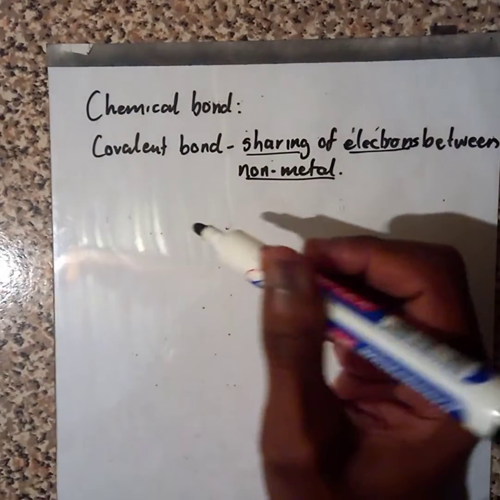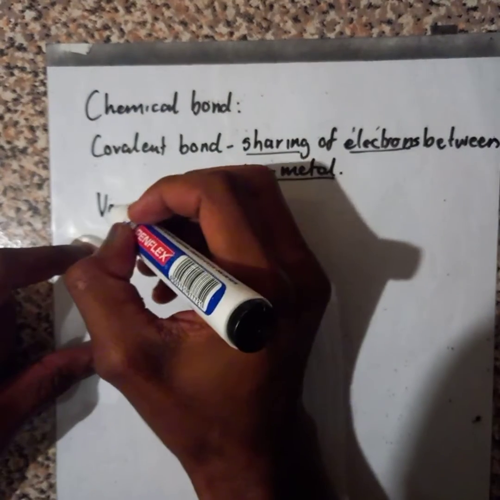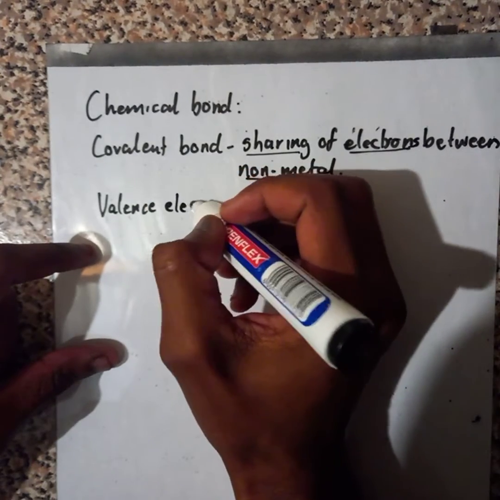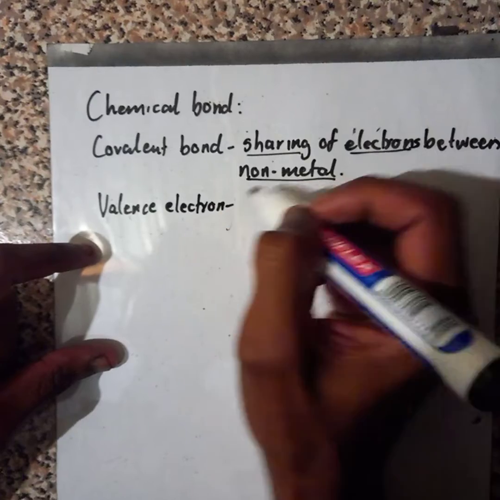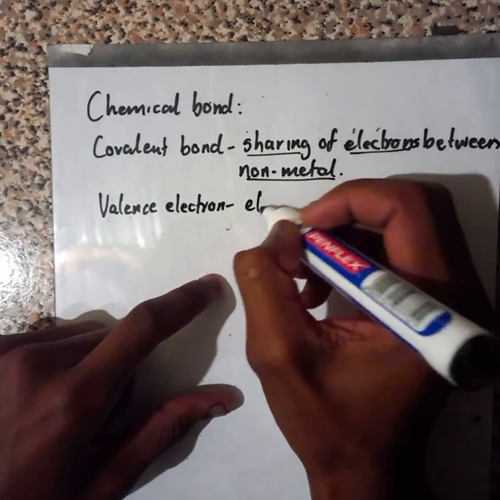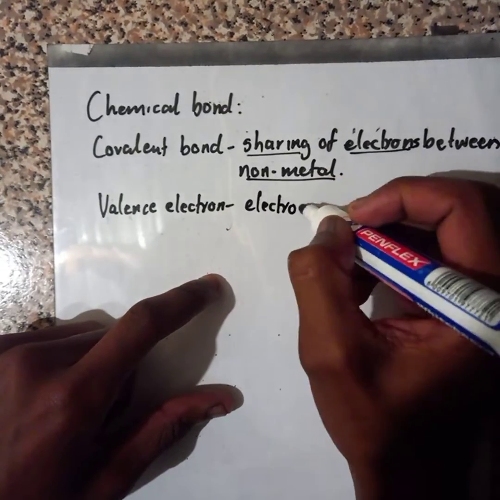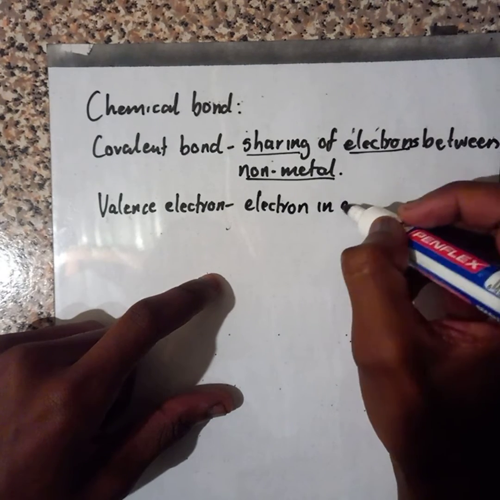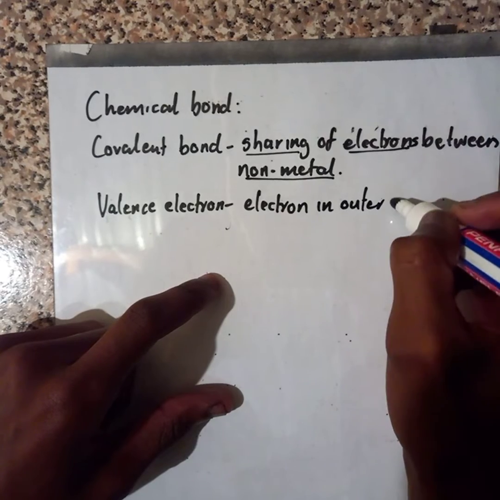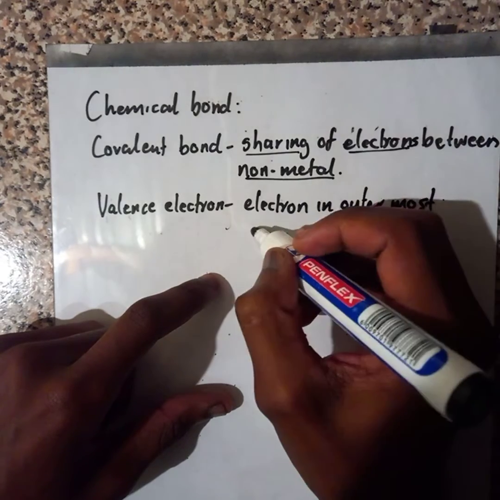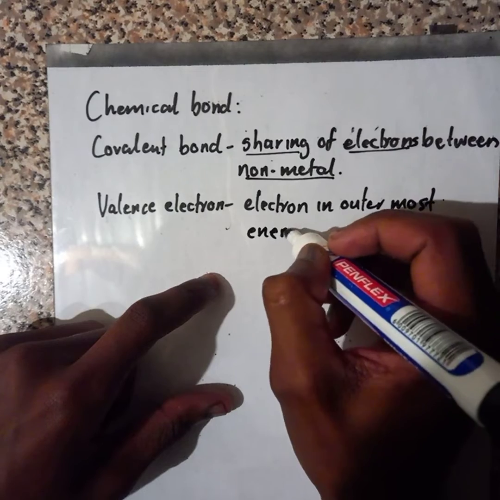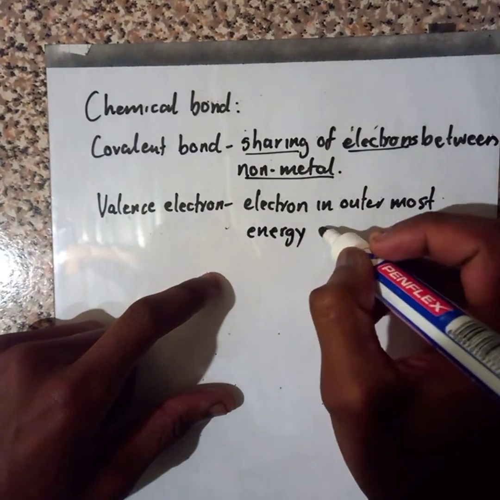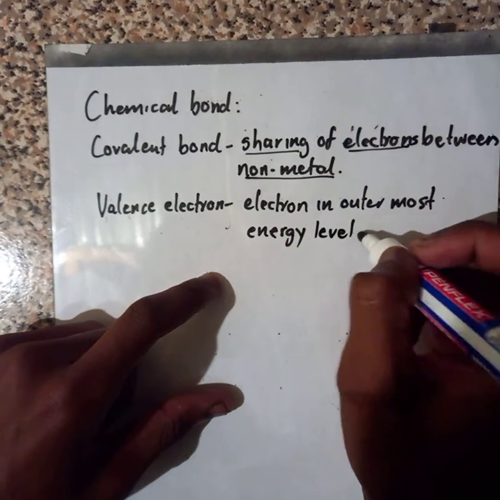Then now, don't forget the concept of valency. Valence electrons are those electrons in the outermost energy level.